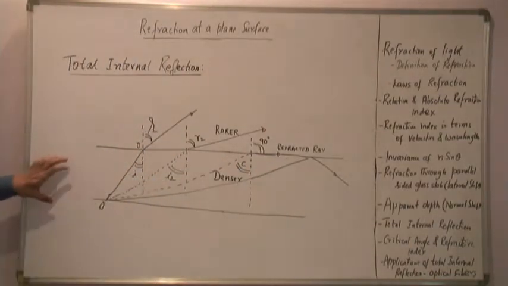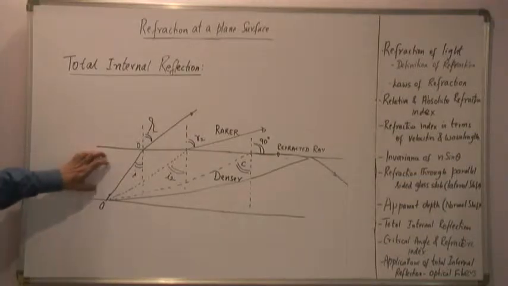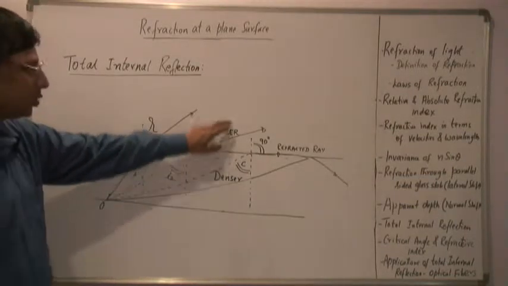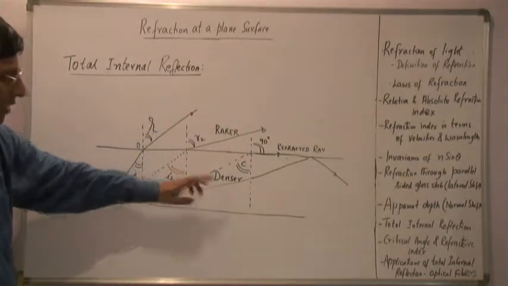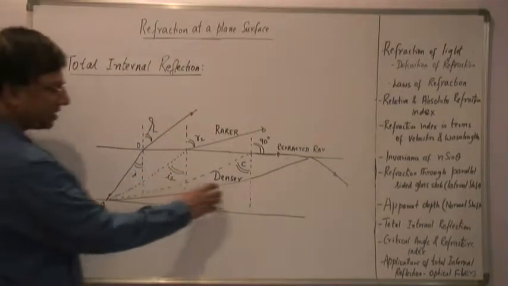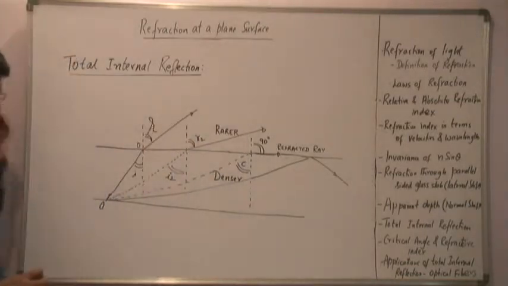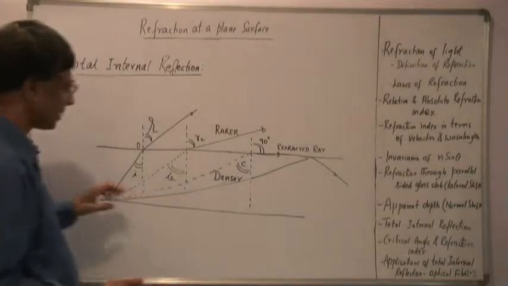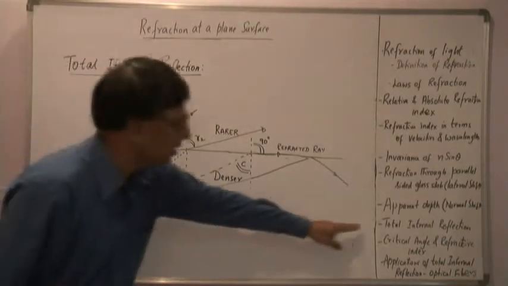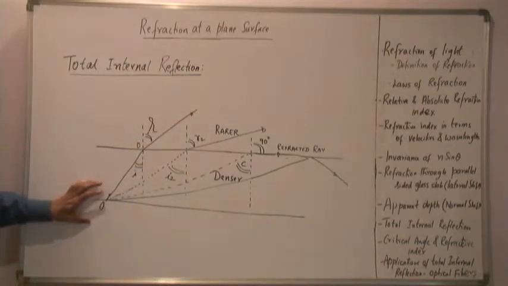So total internal reflection can occur only when light is traveling from a denser medium to a rarer medium. It cannot happen when light is traveling from rarer to denser. So let me go back to this concept of total internal reflection.